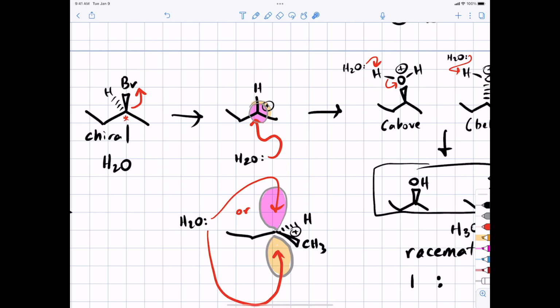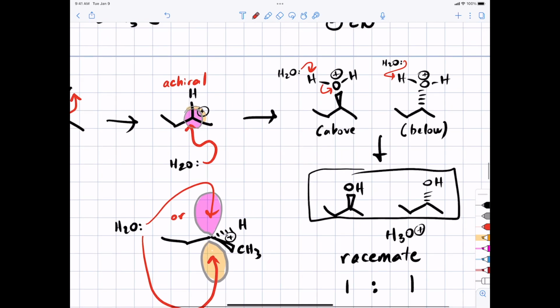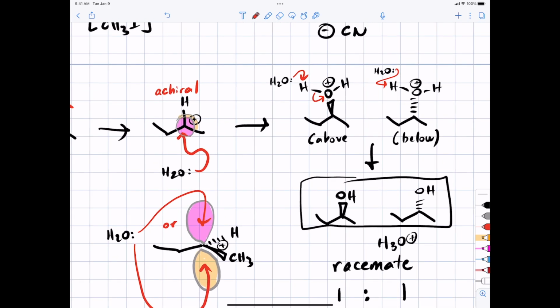and you go through a non-chiral or achiral intermediate, you cannot favor one face of that intermediate over the other. They have to be attacked at identical rates, and you have to get a one-to-one mixture of enantiomers.